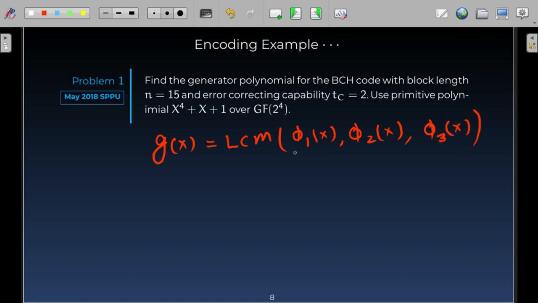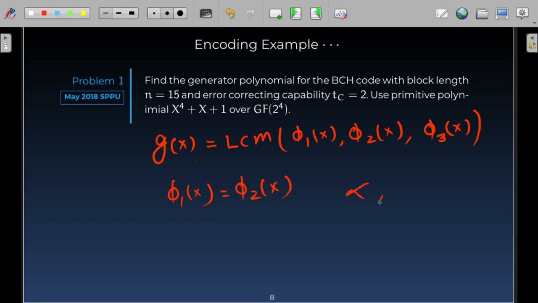So g(x) will be the LCM of phi 1, phi 2 and phi 3. Phi 4 we have already seen is not needed, since we consider only up to 2t minus 1.